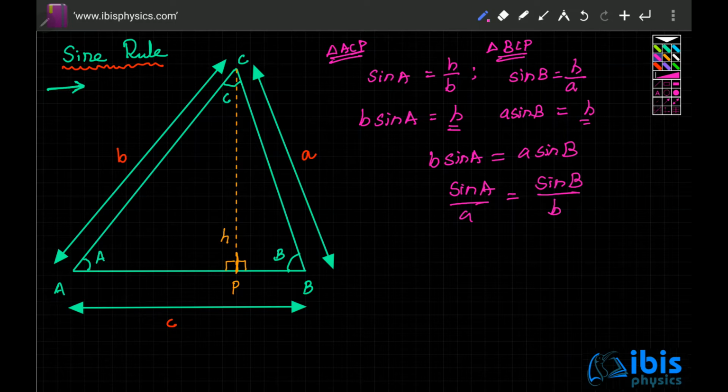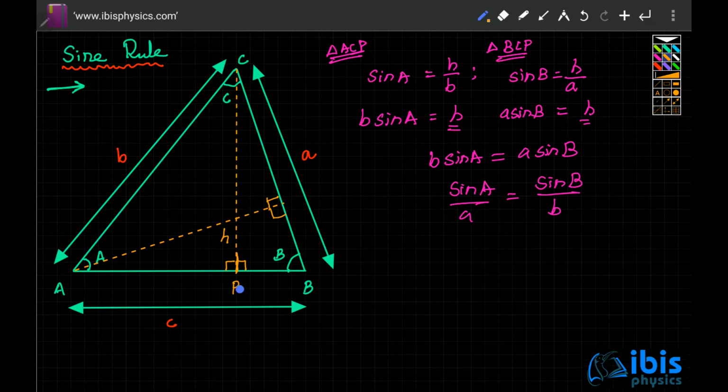And to get the complete picture, we are also going to draw a perpendicular to the other side. Let me choose a different color for this line. From A, you draw one perpendicular to this side, and this is a right angle and this is also a right angle. So this is 90 degrees, this is 90 degrees.